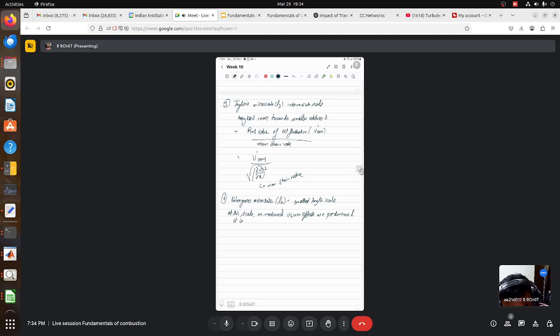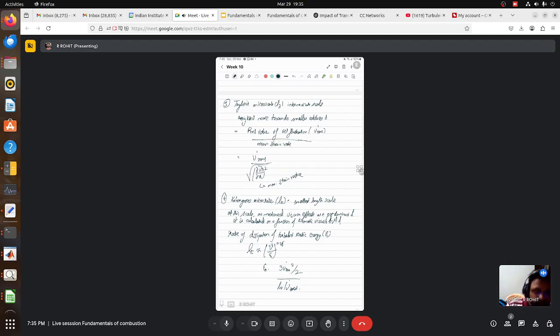It is calculated as a function of the kinematic viscosity, that is nu, and the rate of dissipation of turbulent kinetic energy, that is epsilon. So the Kolmogorov length scale is approximately equal to nu cubed by epsilon, whole to the power 0.25, where epsilon naught is nothing but 3 times V RMS square by 2 by L naught, with V prime RMS.